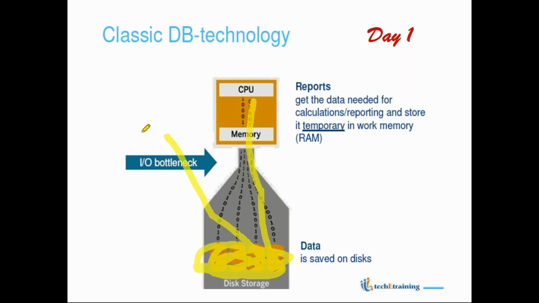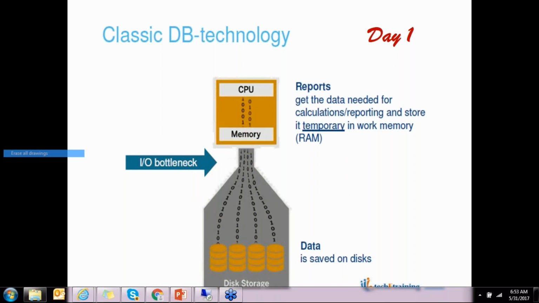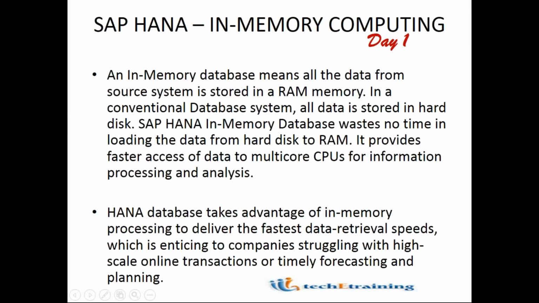For this, we got the solution: in memory. The in-memory concept is the solution for this. An in-memory database means all the data from the source system is stored in RAM memory, whereas in a conventional database, data is stored on the hard disk. SAP's in-memory database wastes no time loading the data from the hard disk to RAM.